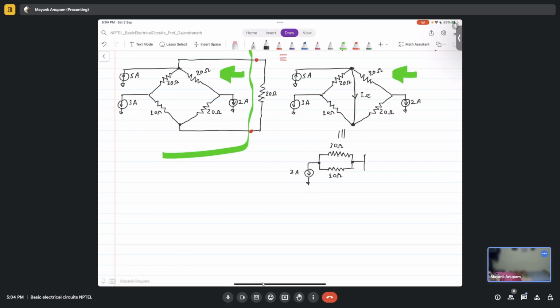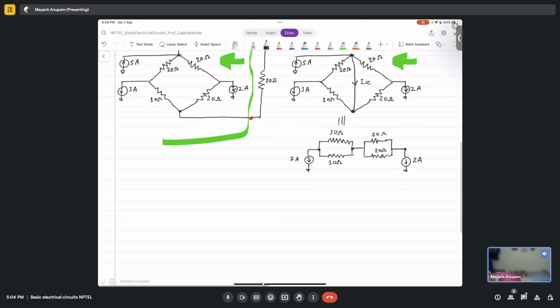We have 20 ohms here and 20 ohms here, and one end is connected to a 2 ampere current source, and here what do we have? A 5 ampere current source, right?